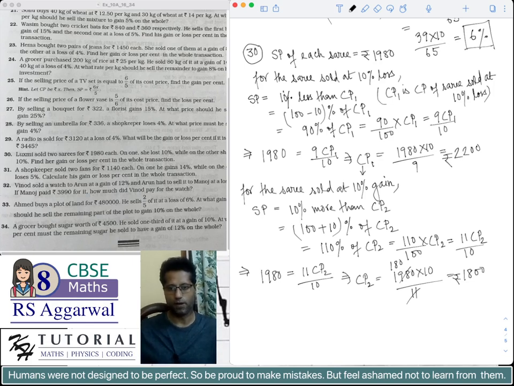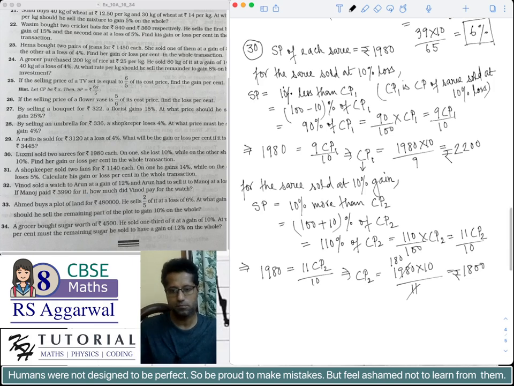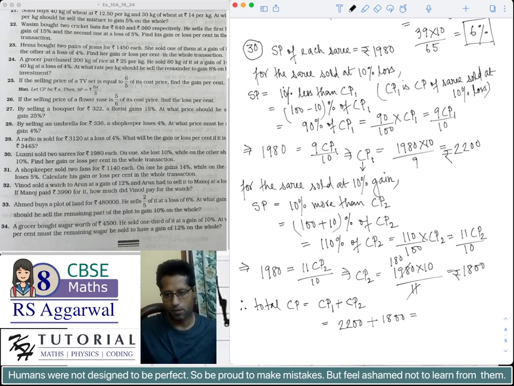Okay, so now we have to find the overall gain or loss percent. Therefore, total CP is equal to CP1 plus CP2, which is equal to 2200 plus 1800, which is equal to 4000.